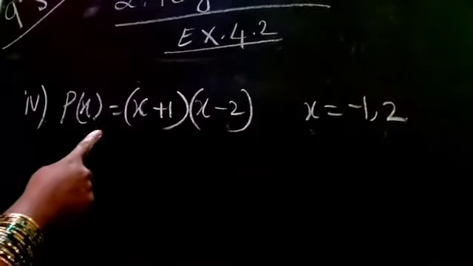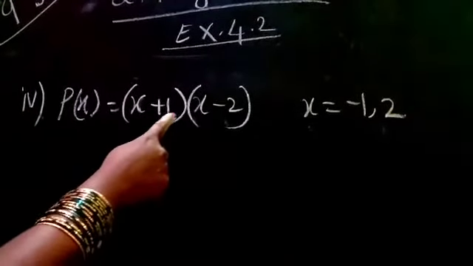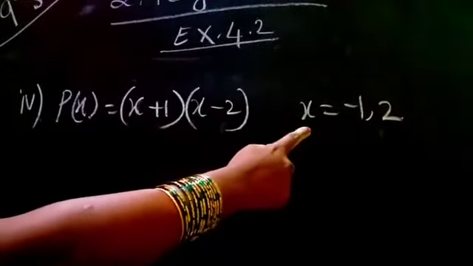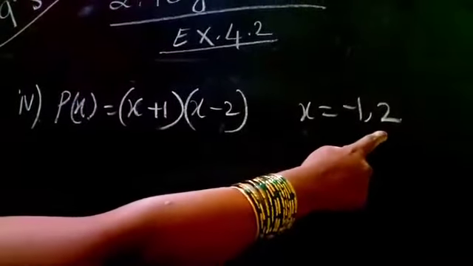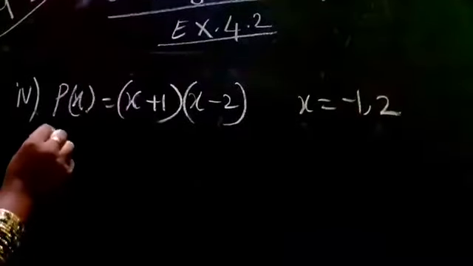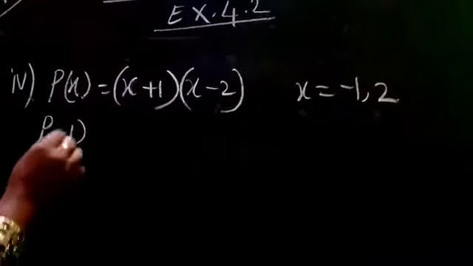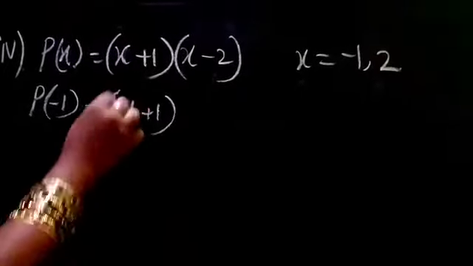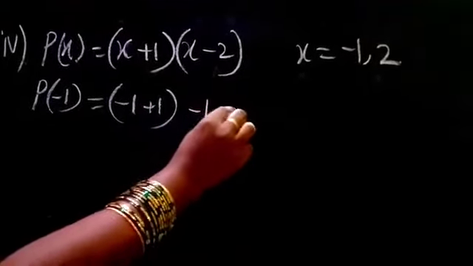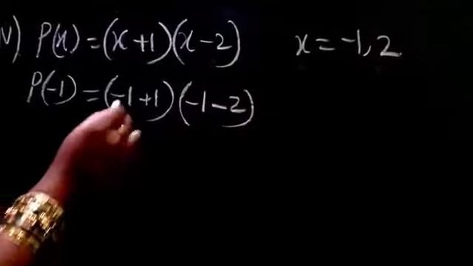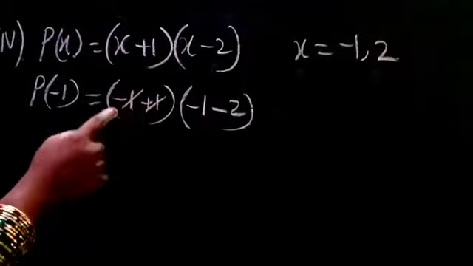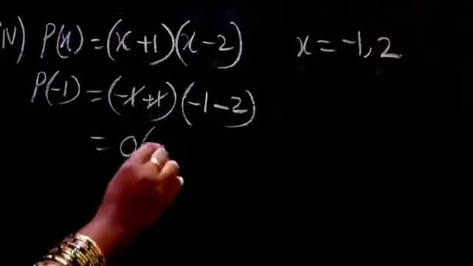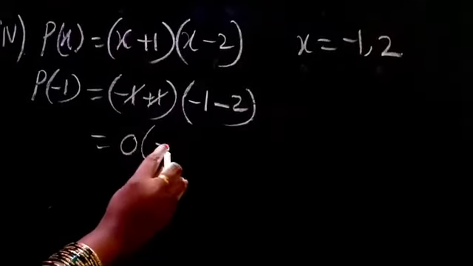P of x equal to x plus 1 into x minus 2, they have given the question. Here in x place minus 1 and 2 we have to substitute. So first I am taking minus 1 as x value. So minus 1 plus 1 into minus 1 minus 2. So plus 1 and minus 1 will get cancelled. So this value is 0. 0 into any number will get 0.